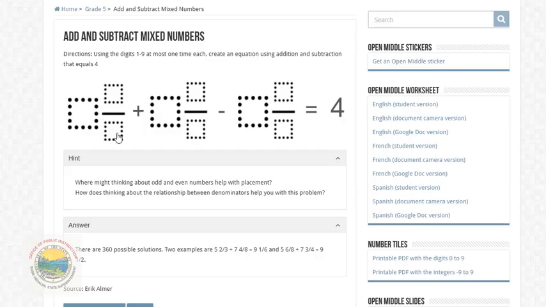Whereas a student who's more proficient or achieving mastery might see this as a challenge to come up with as many solutions as they possibly can generate. So you don't have to, as a teacher, build in that scaffolding for the differentiation. It's already in the problem, which is a beautiful thing for our teachers who are limited on time, but still want something that any of their students can engage with meaningfully.